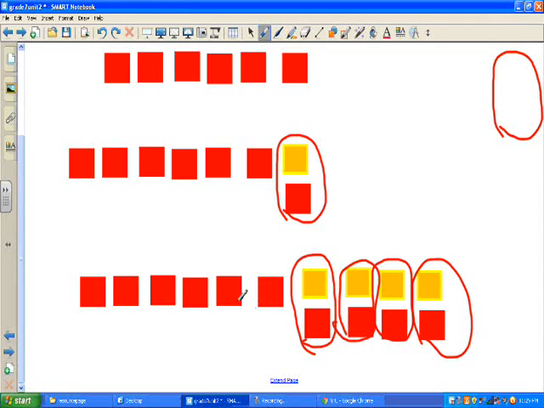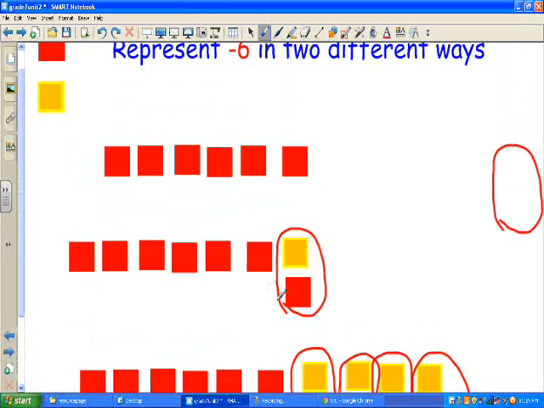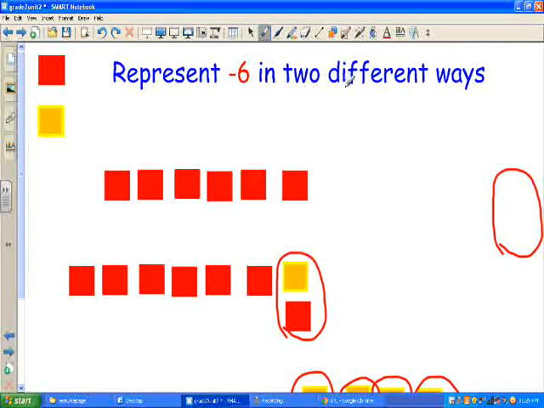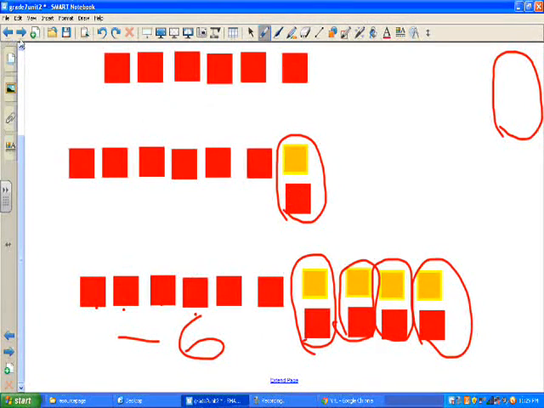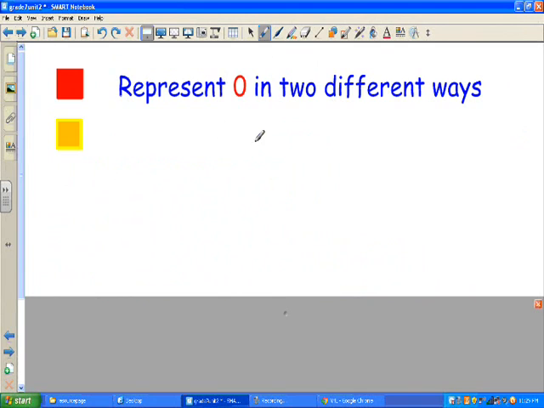This is minus 1, 2, 3, 4, 5, 6. This whole thing still represents minus 6. So when you're asked to represent a number in two different ways, that would be how you would represent a number. Using your zero pairs makes it easy.